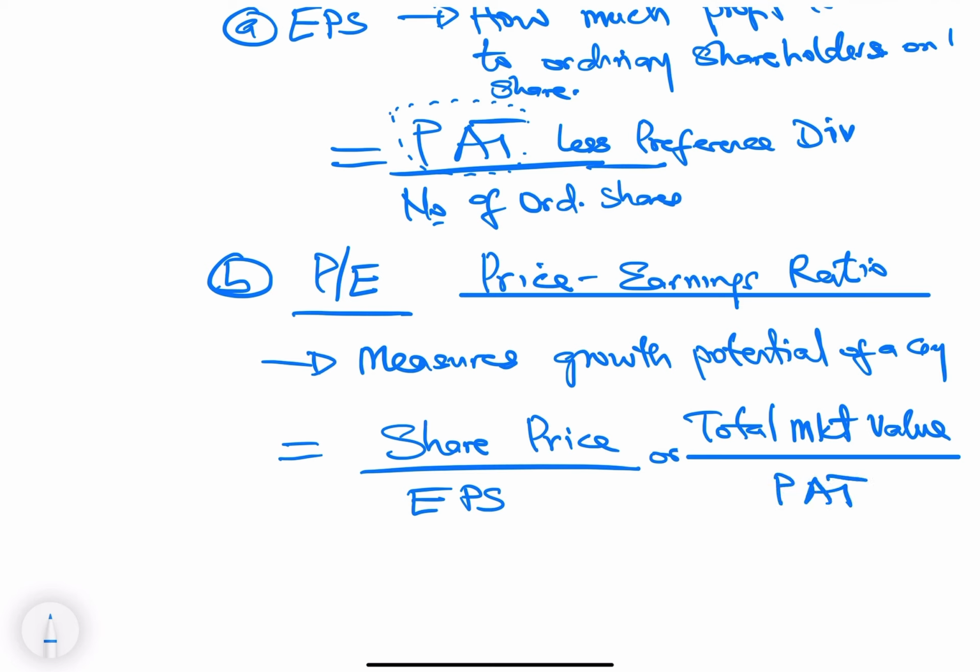That's total, because this is total earnings instead of earnings per share, and this is total market value instead of just one price per share. And this total market value is also called the market capitalization.